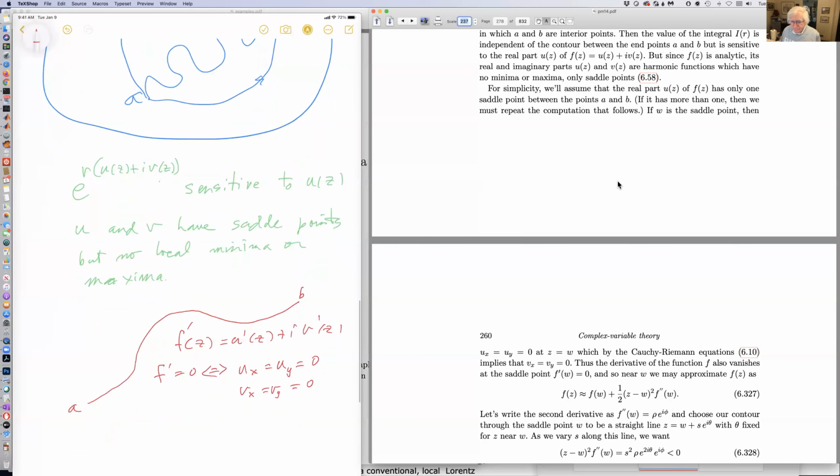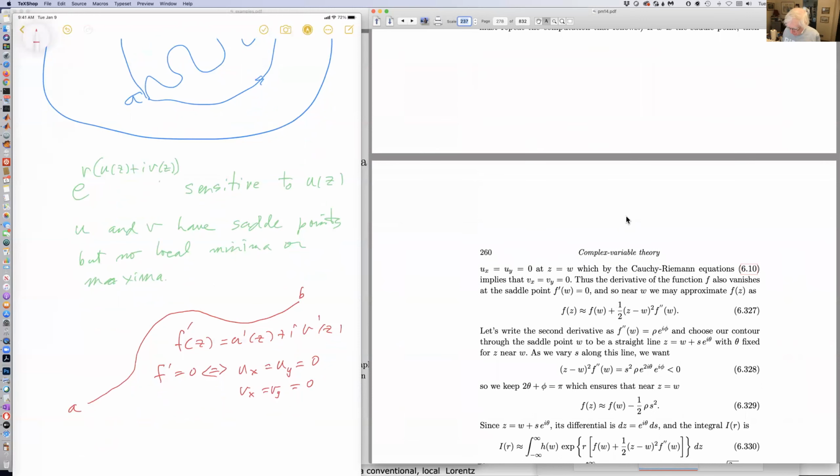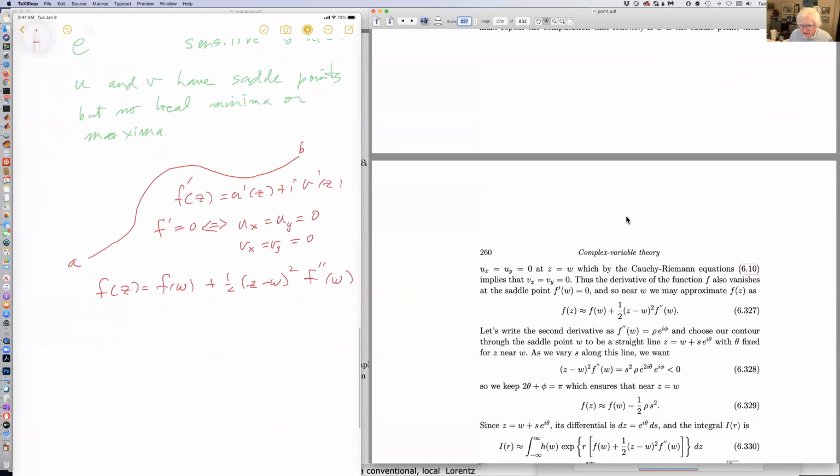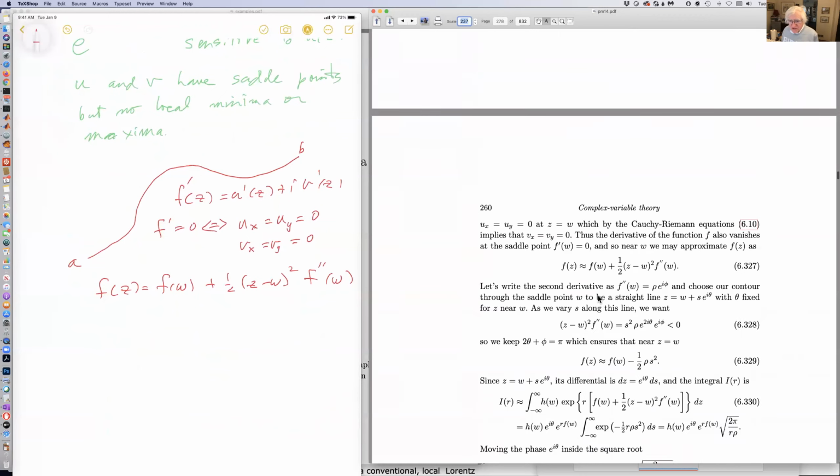And at that point we have f prime equal to 0, so we can say that f of z is f of w plus a half z minus w squared f double prime of w. So that's what the function is there, and that's this equation here.